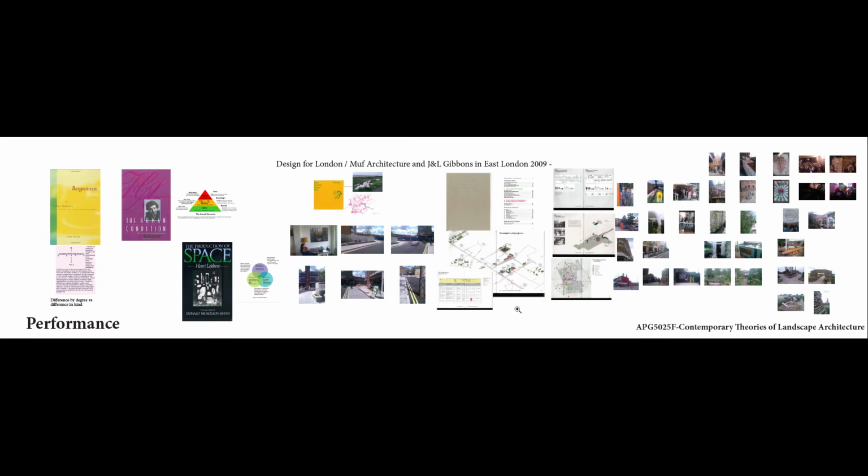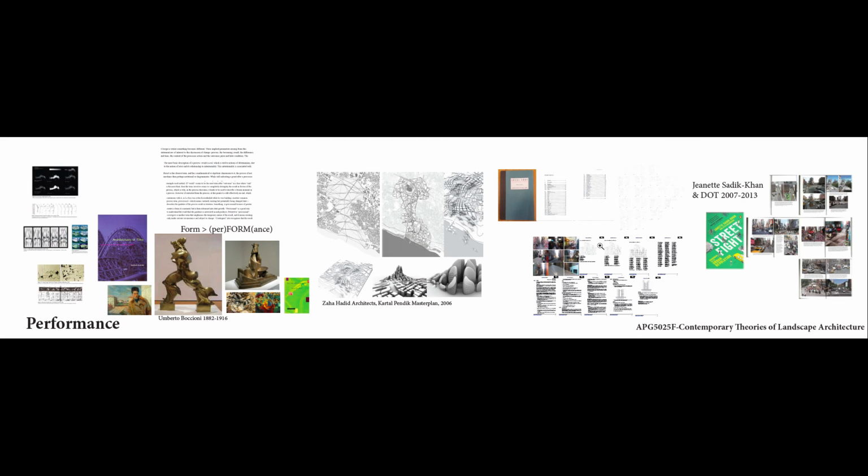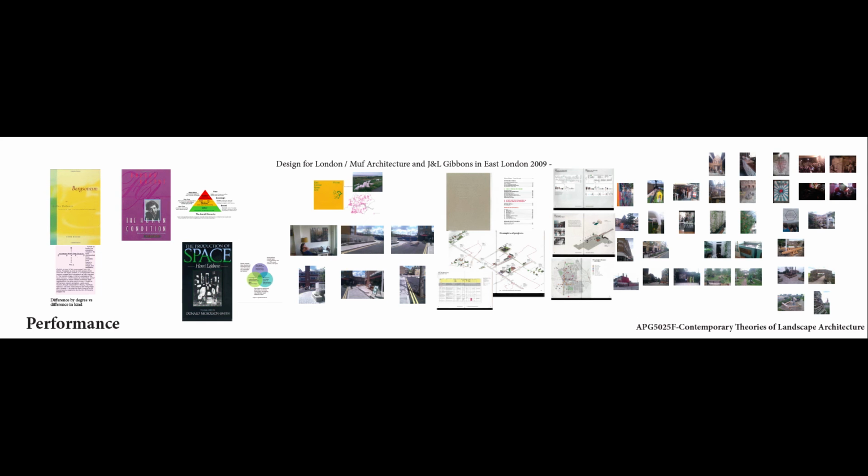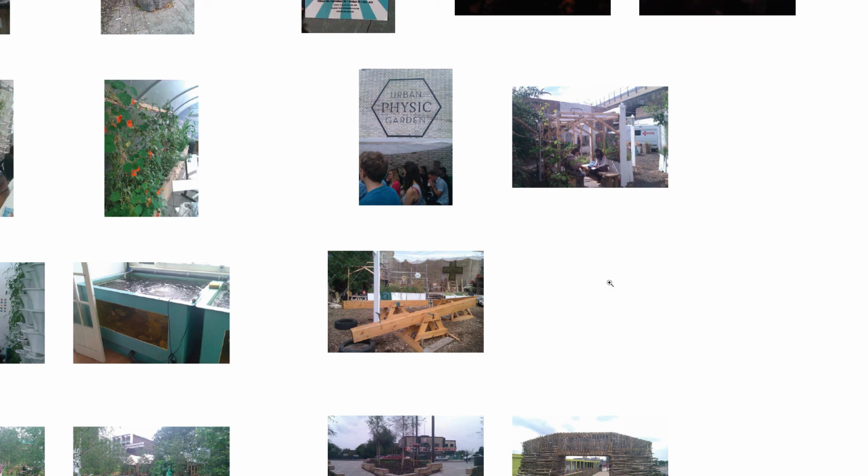Now, it's a kind of weird thing to go from this point here to end up in this point here, but what I'm plotting is a transition from conventional design as form to one which is entirely contingent on one-to-one real-time process. For instance, in the Urban Physic Garden, there probably was never a drawing of this.